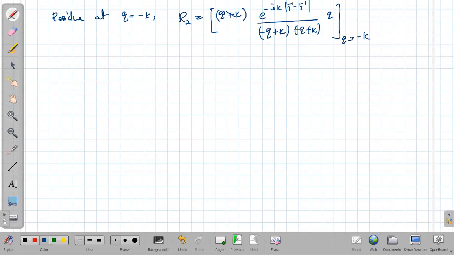So this q plus k cancels, and if you put q equal to minus k, that will become 2k and k here. So this becomes e raised to minus ik modulus of r minus r prime divided by 2. The only difference is there is no minus sign over here. Then we can find the corresponding Green's function. The Green's function corresponding to the residue at q equal to plus k.